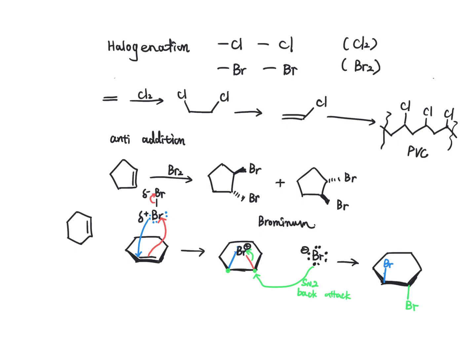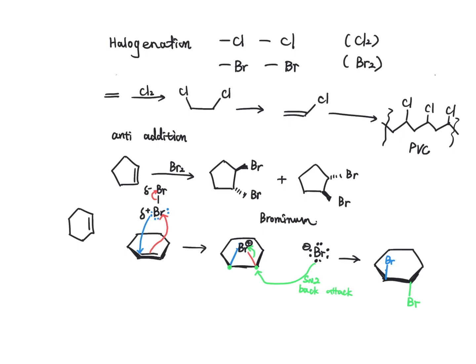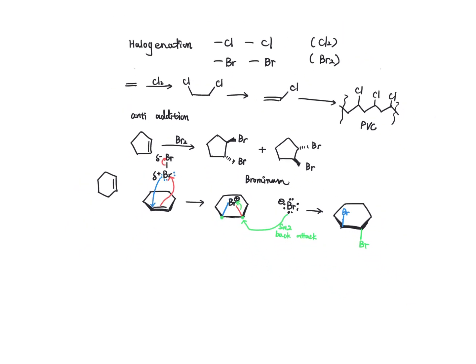So when the bromine comes in, what I draw here is it coming from the top of the ring. It can also come from the bottom of the ring. So we'll draw it out right here. Kind of highlighted, meaning that this ring is perpendicular to the paper plane. So the bromine can also come in this direction, right? So it comes in from this direction.